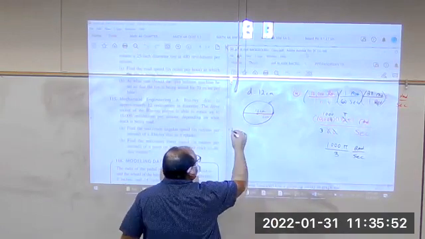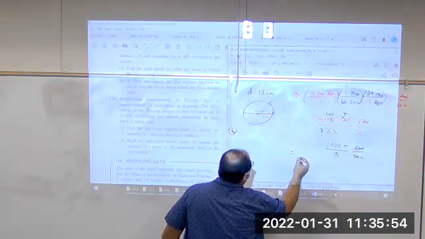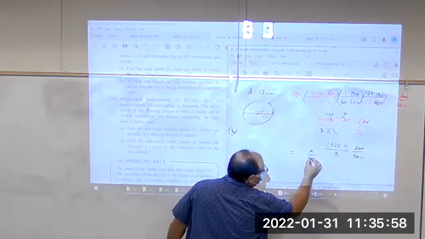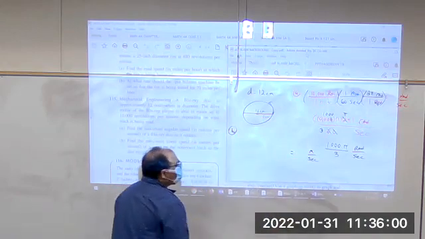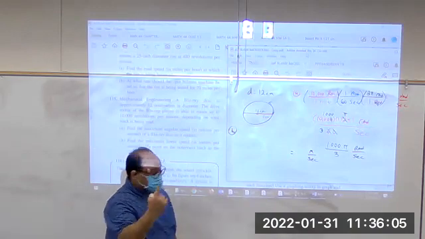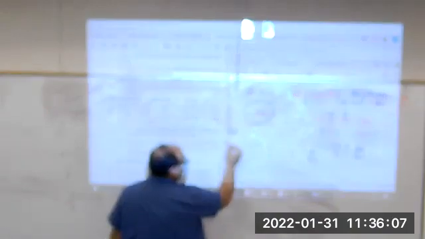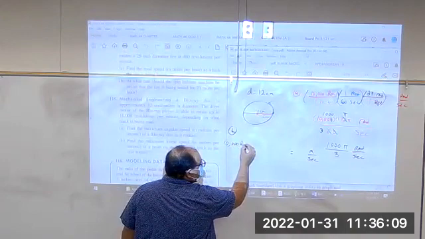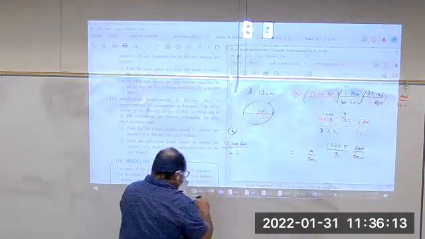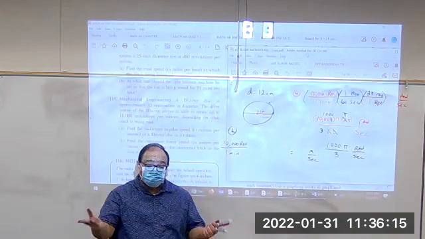And for part B, again, they give us a hint. The final answer is in meters per second. And all you know is that it's 10,000 revolutions per minute. You know how to get rid of minutes and change them to seconds.